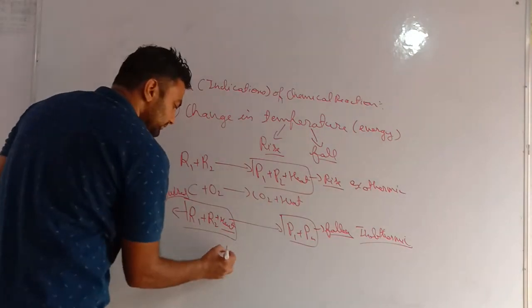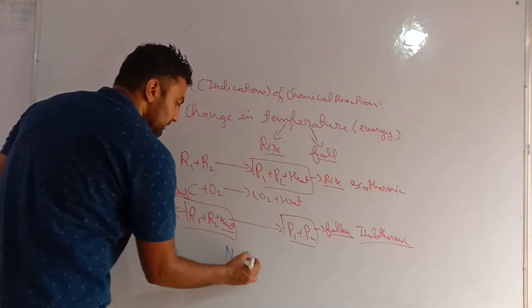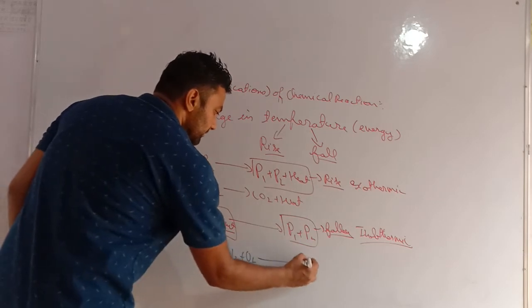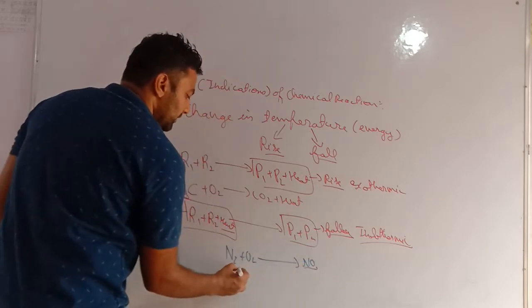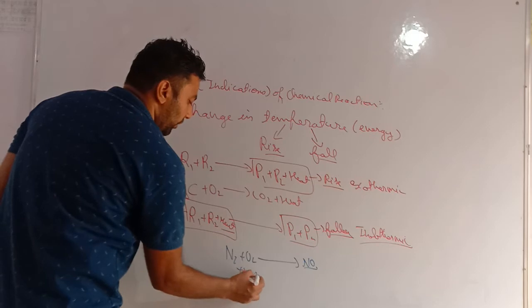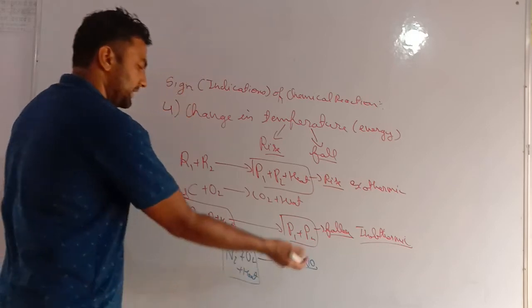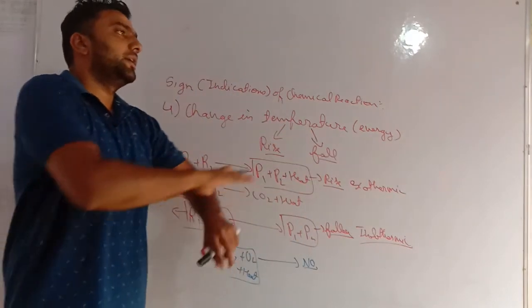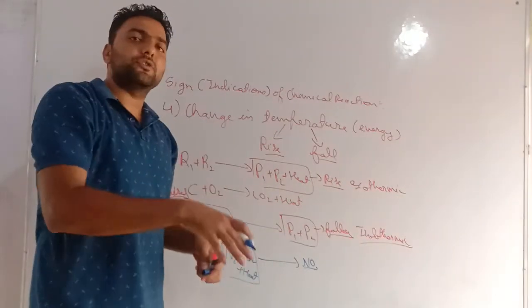Example is nitrogen plus oxygen gives nitrogen monoxide. For this it requires a lot of heat, and when this takes a lot of heat from the environment, the neighboring environment gets cooled down.